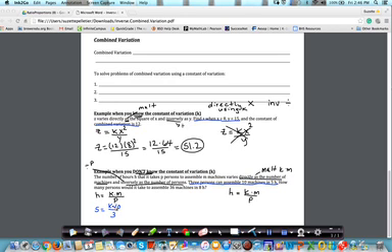We don't know what k is, so we're going to use this and solve for k. I'm going to multiply both sides of my equation by 3 to cancel. And I get 15 equals k times 10. And then I'm going to divide by 10 to get k by itself. So k equals 1.5.